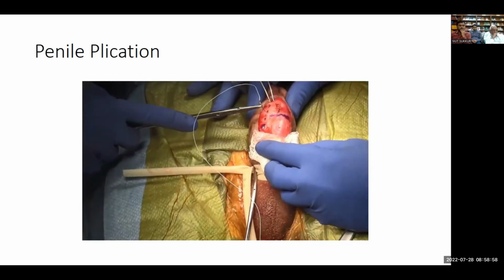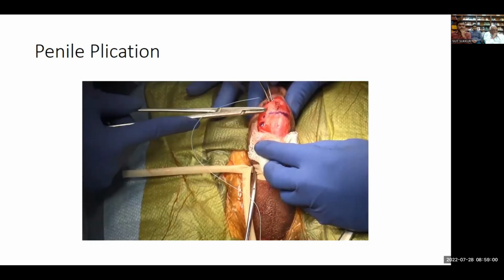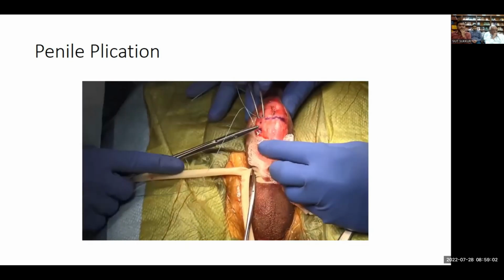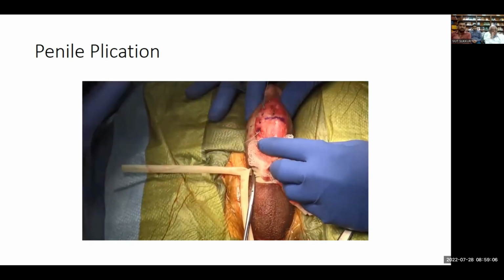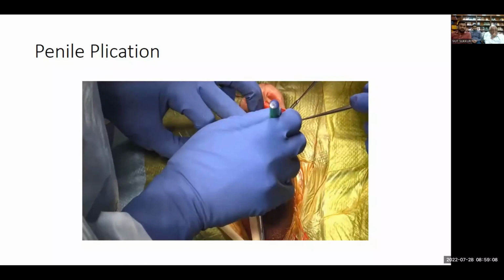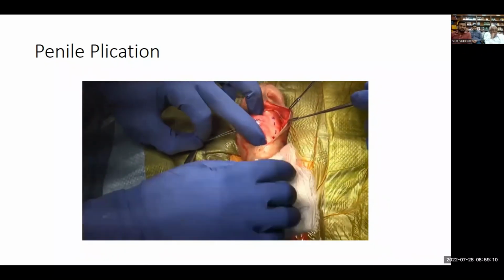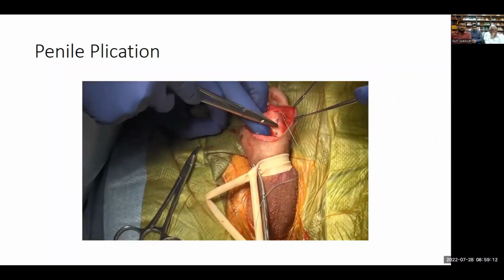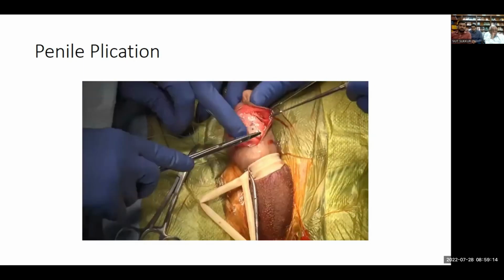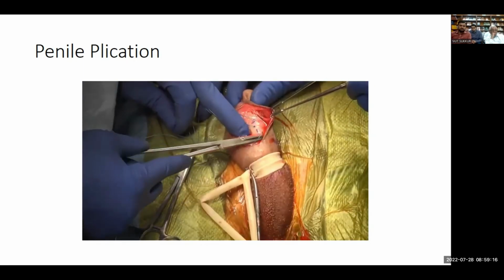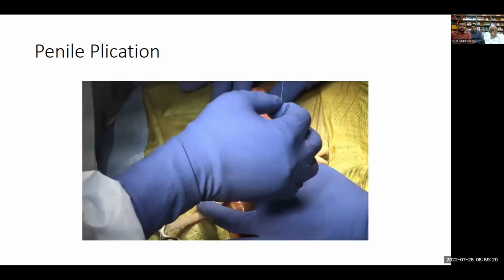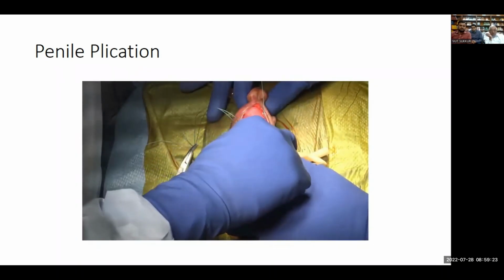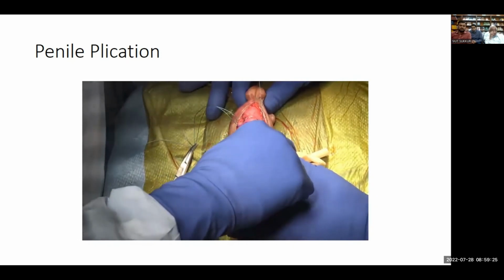Gholami is a world-renowned professor at the University of California San Francisco, and I use 0 Ethibond. As you can see, I start by going above the point of maximal curvature, and then go below the point of maximal curvature.